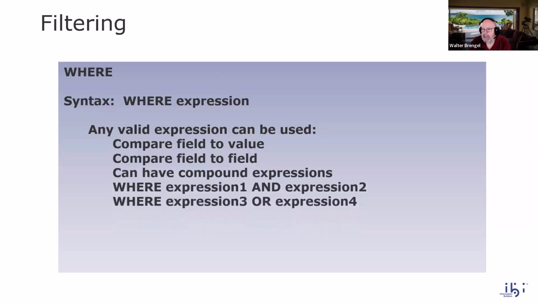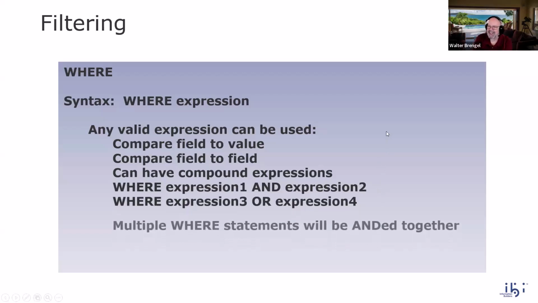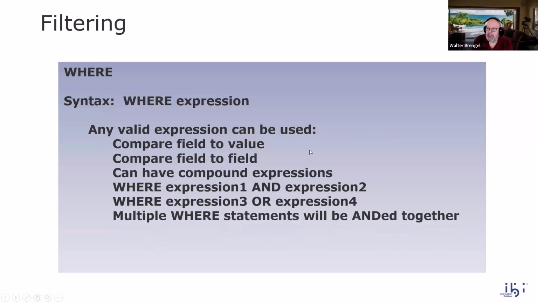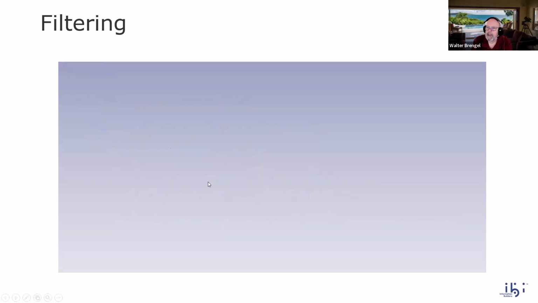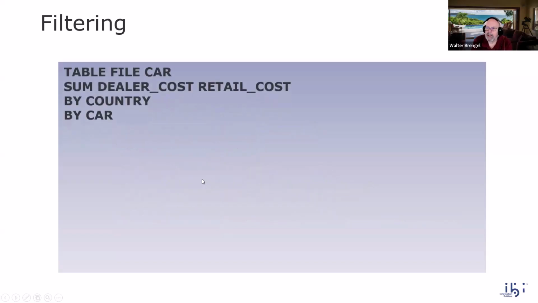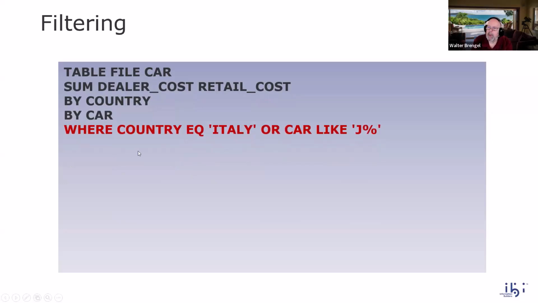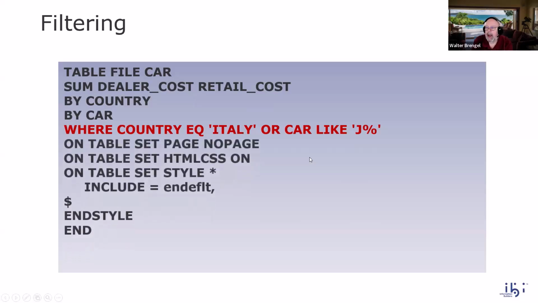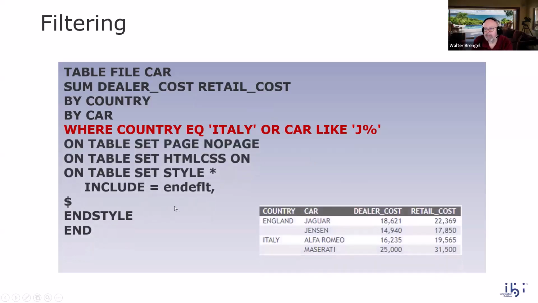And you can tell I've done this presentation too many times because I knew exactly what my expression names were. If you have multiple where conditions, they, like the ifs, will be ANDed together. Okay, back to our query. So now I can say where country equals Italy or car like J%. And now I get the output I'm looking for.